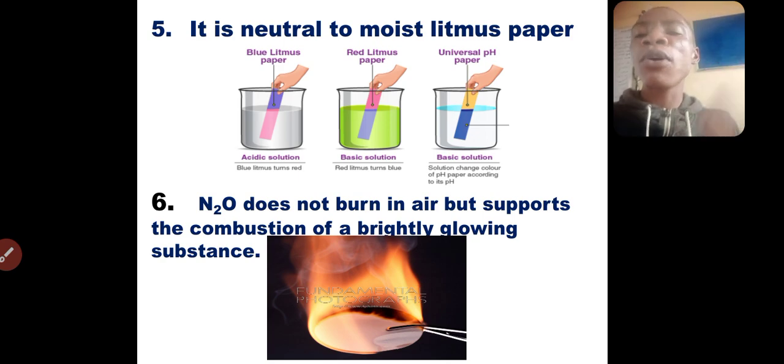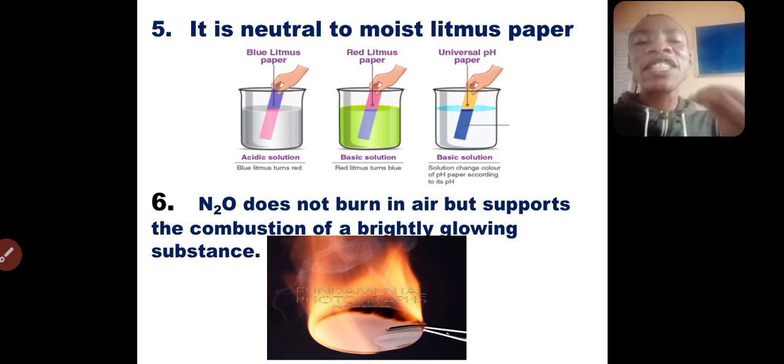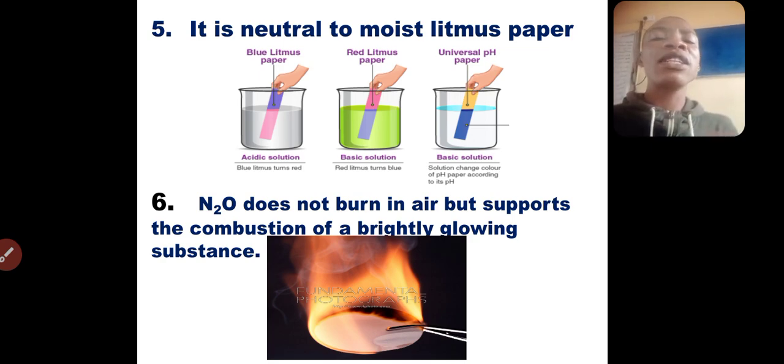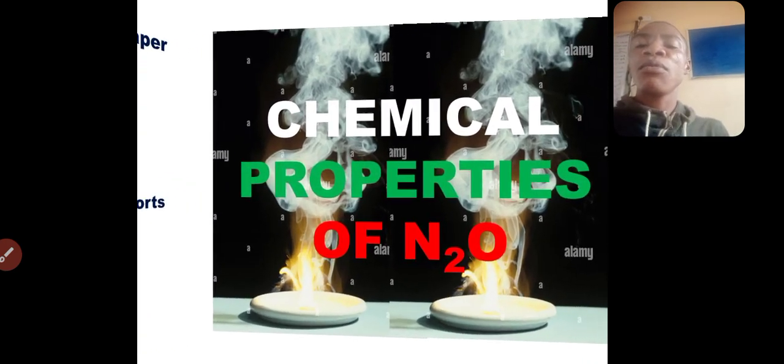It does not burn in air, but can allow a brightly burning substance sufficient enough to decompose it into oxygen to continue burning. Substances like burning magnesium, burning phosphorus, burning carbon, red hot carbon can decompose N2O into oxygen and continue burning.